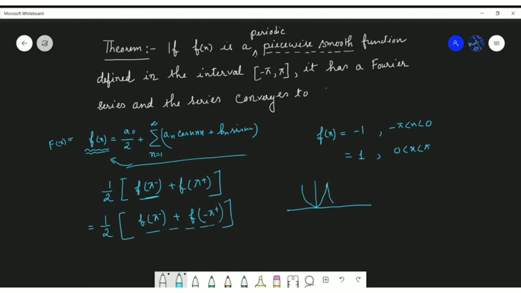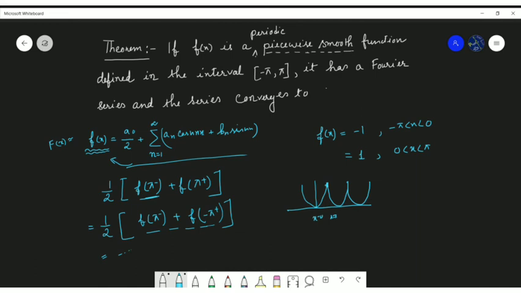If you do the periodic extension, it will look like this, with x equal to 0 and x equal to pi. So here at x equal to pi after periodic extension, this is not a point of discontinuity because it is continuous here due to periodic extension. But even so, we can use this relation to find the convergence of the Fourier series at that point.